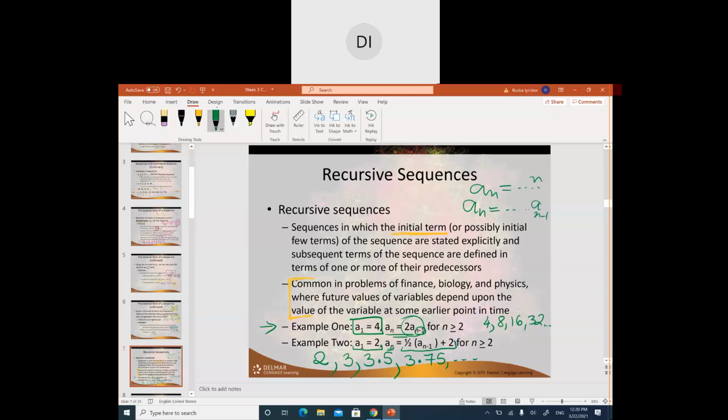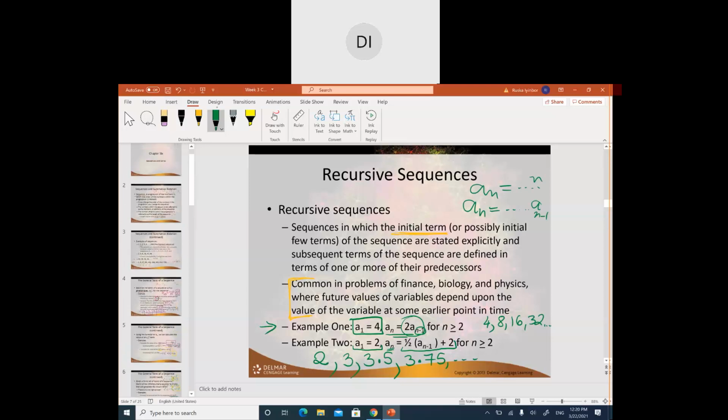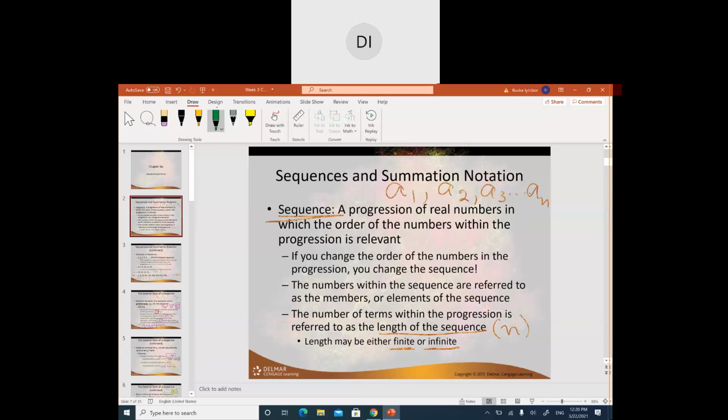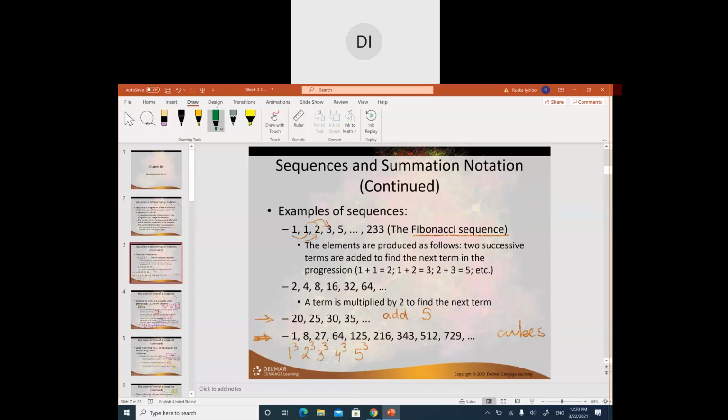It could be one term, it could be two terms, because if you remember, we talked about the Fibonacci sequence, okay? In the Fibonacci sequence, you add the previous terms, right? So if I represent this with a recursive formula, it is going to be like this. a_n is going to be a_(n-1) plus a_(n-2).